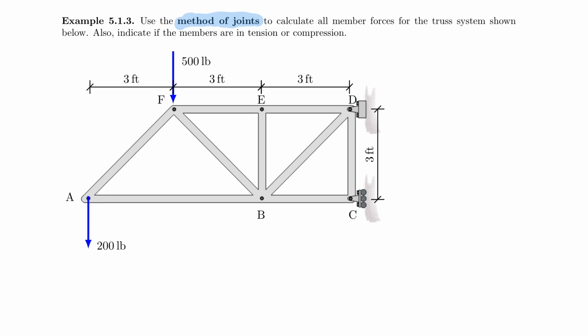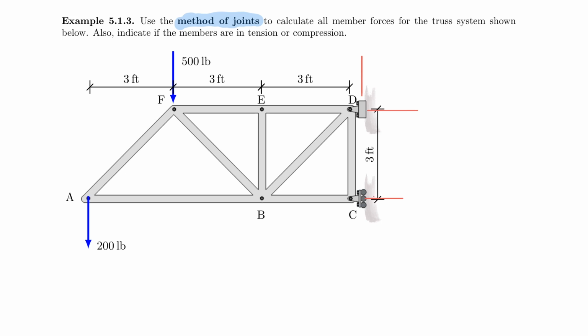We could technically start our way from the left to the right, although we do have support reactions here on the right side. We technically do not need to calculate these because this is acting like a cantilever system. And I'll show you what I mean by that in a second.